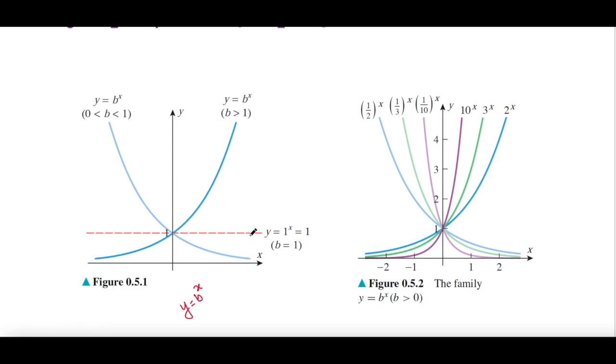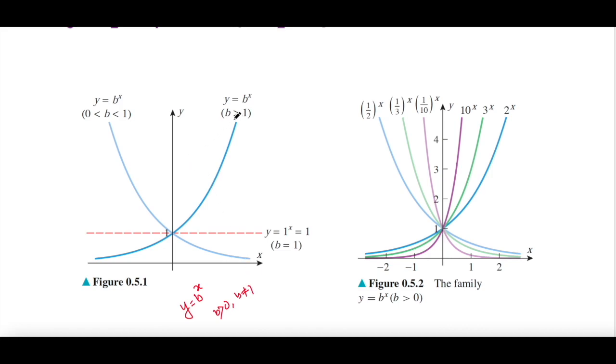It will be a constant function, which is this red line. But we know b should always be positive, but not equal to 1.